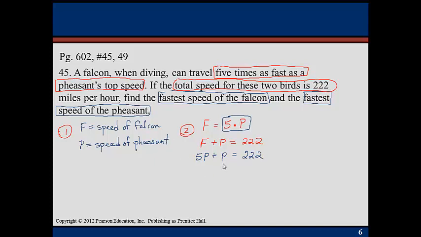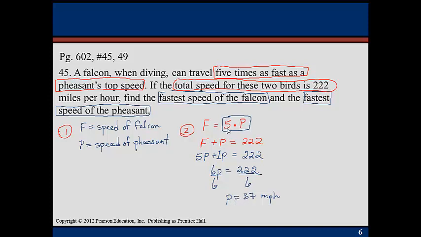Now we get to solve for p, so we're going to combine our like terms. In front of this p is a 1, so 5 plus 1 is 6p, which equals 222. And we can solve for p by dividing by 6, and we get p is 37 miles per hour. So the speed of the pheasant is 37 miles per hour.